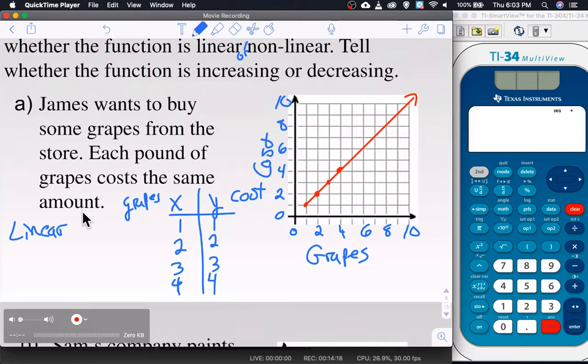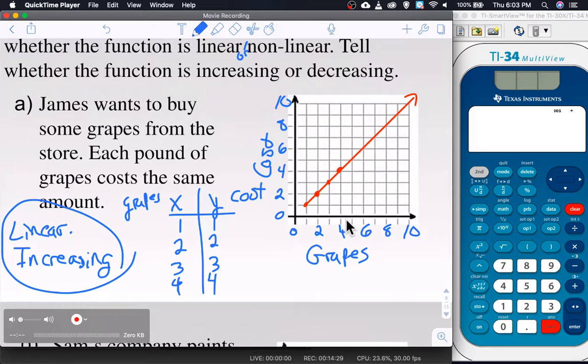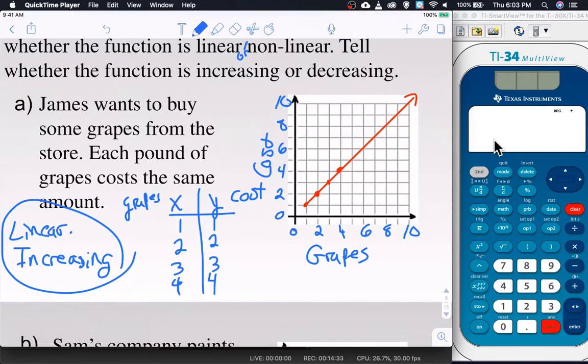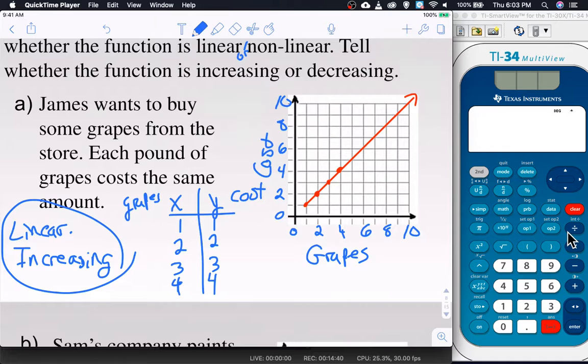It increases at a constant rate. Now this is also increasing because our line is going up from left to right. The more grapes you buy, the more it's going to cost you. Okay? So making a table here was a very good strategy that helped us understand and make sense of the problem.